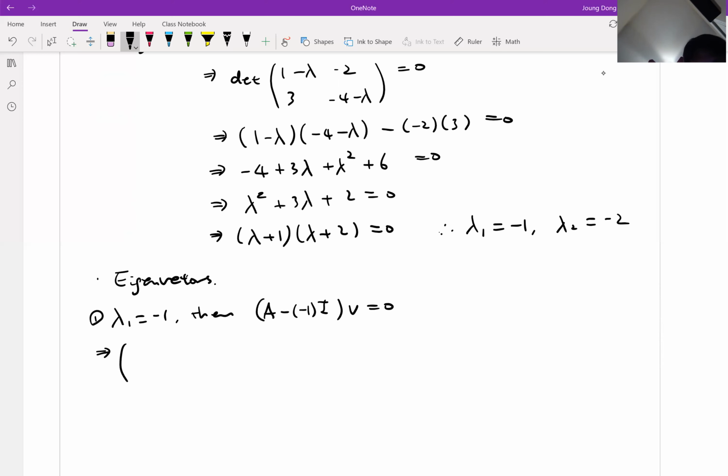Then it is A plus 1, right? So 1 plus 1 is 2, -2, 3, -4 plus 1, which is -3. Let me write the elementary form, V1, V2 equal to 0 and 0. When you multiply this, you get 2V1 minus 2V2 equals 0, or 3V1 minus 3V2 equals 0, right? But keep in mind, they are the same thing.